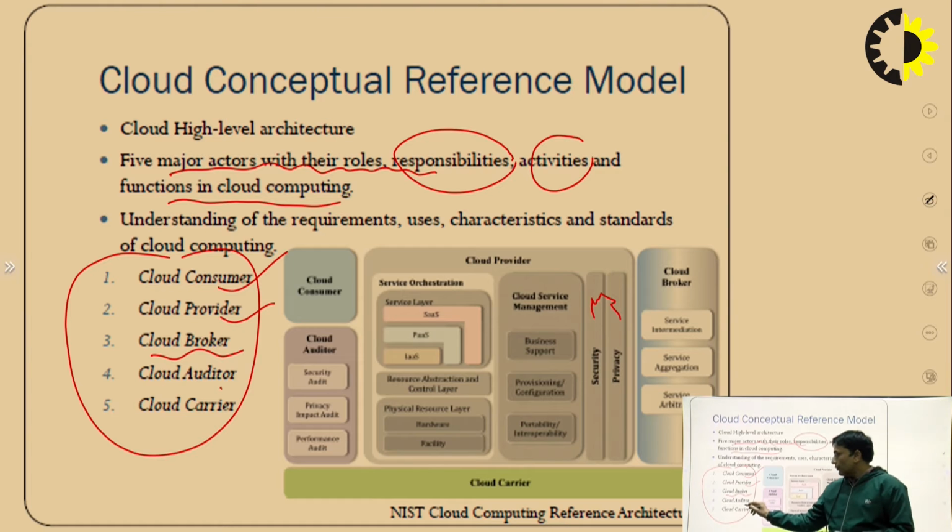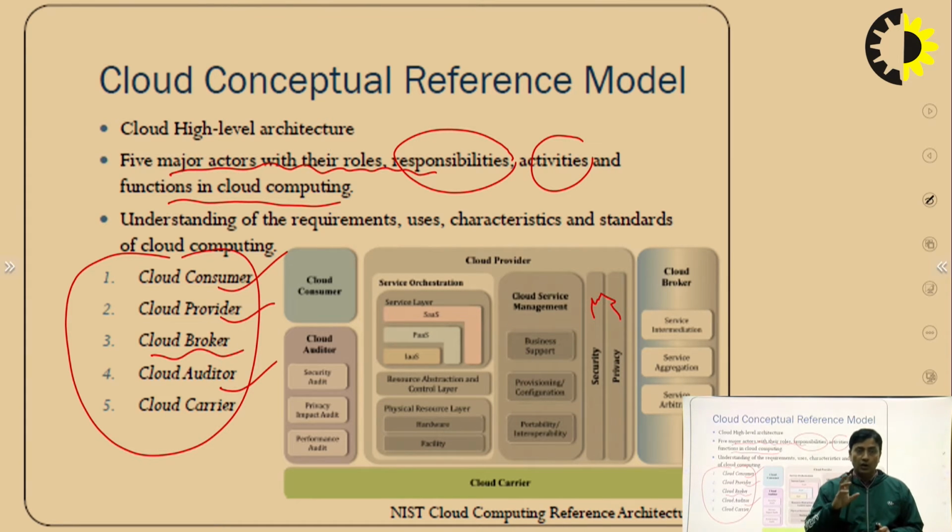And the fourth one is the cloud auditor. This cloud auditor is also a very important actor here. This is also a third party. What is the role of this auditor? This is the third party who ensures that all the parameters, quality parameters and security parameters, are ensured properly by the provider.